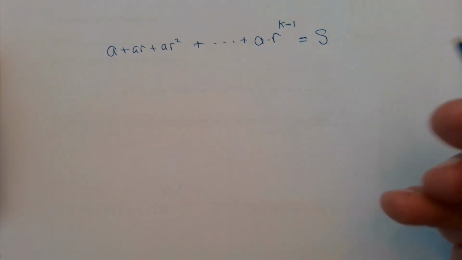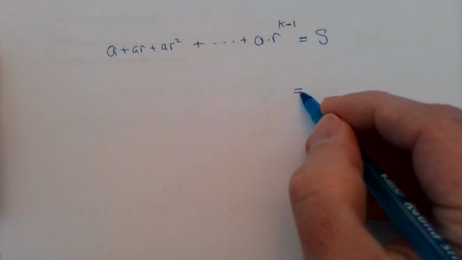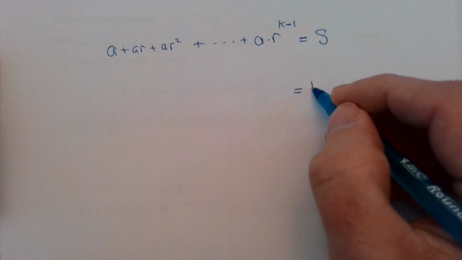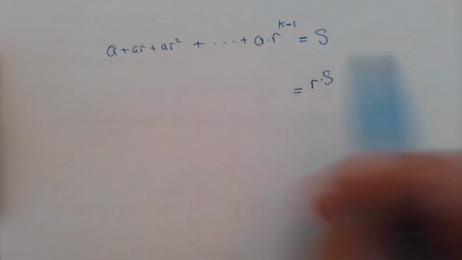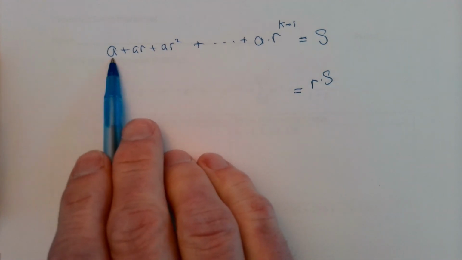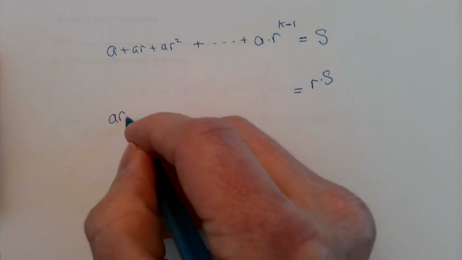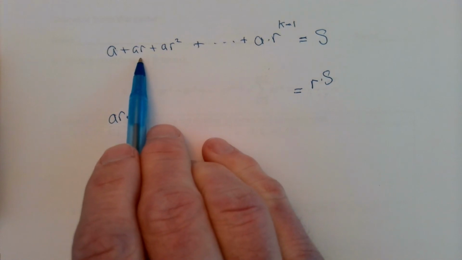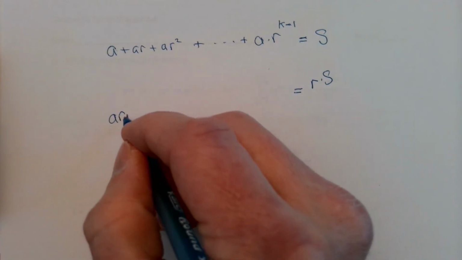Multiply both sides by r. The right side now looks like r times s. And the left side looks like all of these multiplied by r will give you an r here where you didn't have one. Give you an r squared here where previously you had just r.